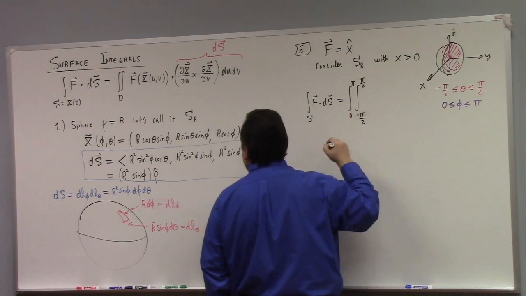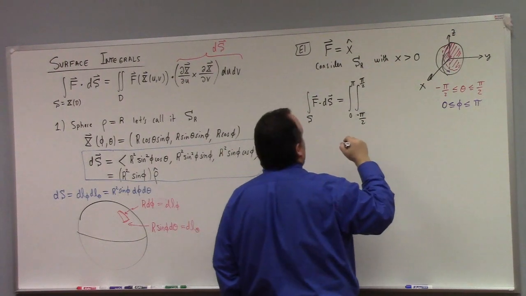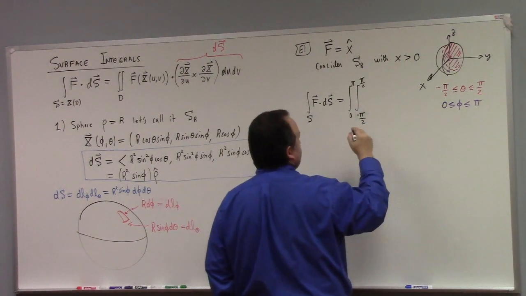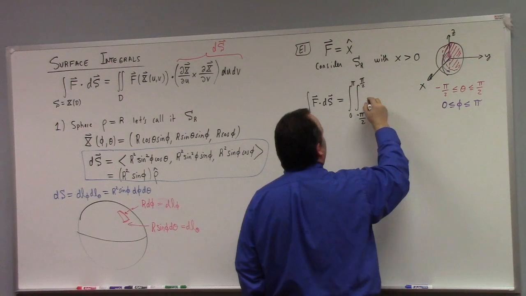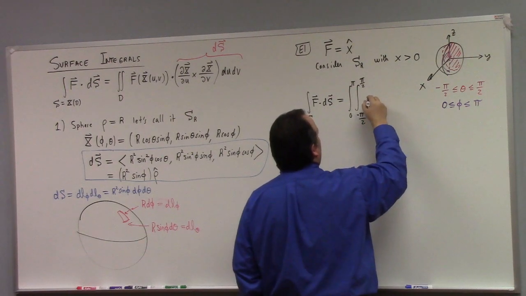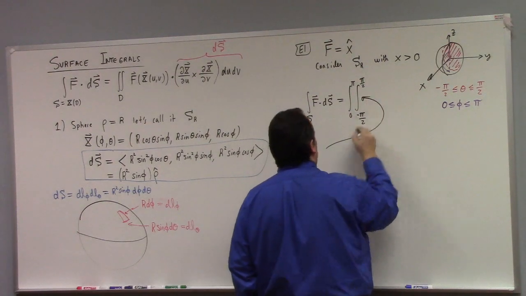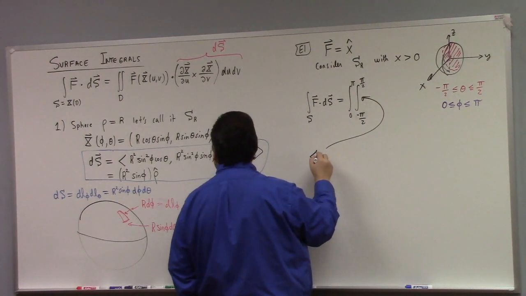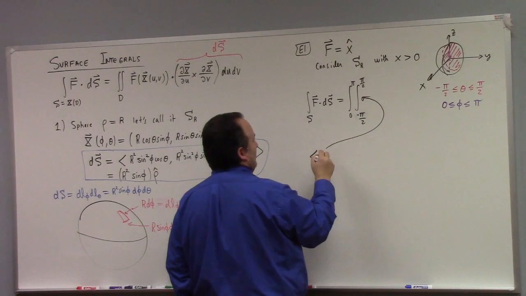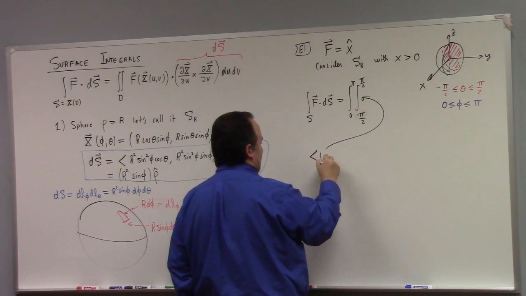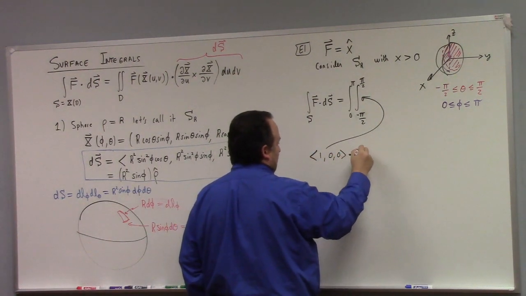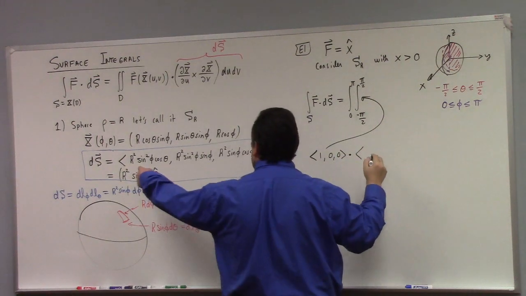It's annoying. Poor planning on my part. I'm sorry, guys. I'll just use an arrow here. So what we're dealing with is 1, 0, 0 dot product with this thing, right?